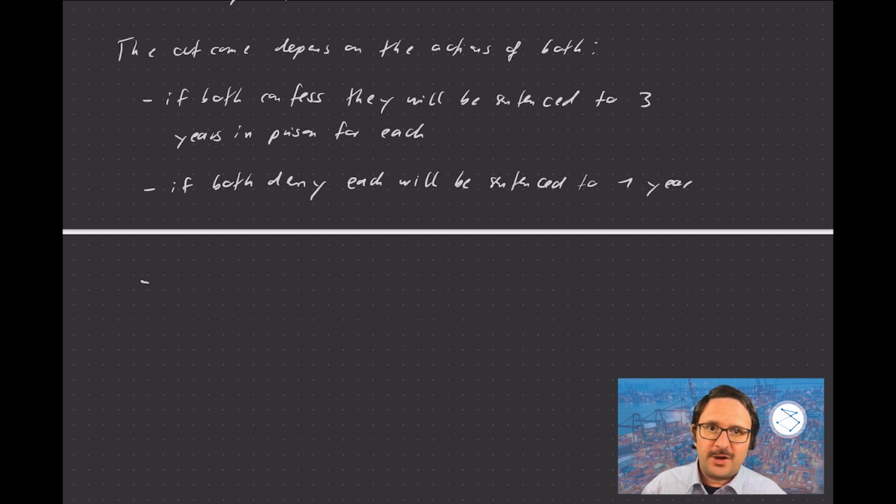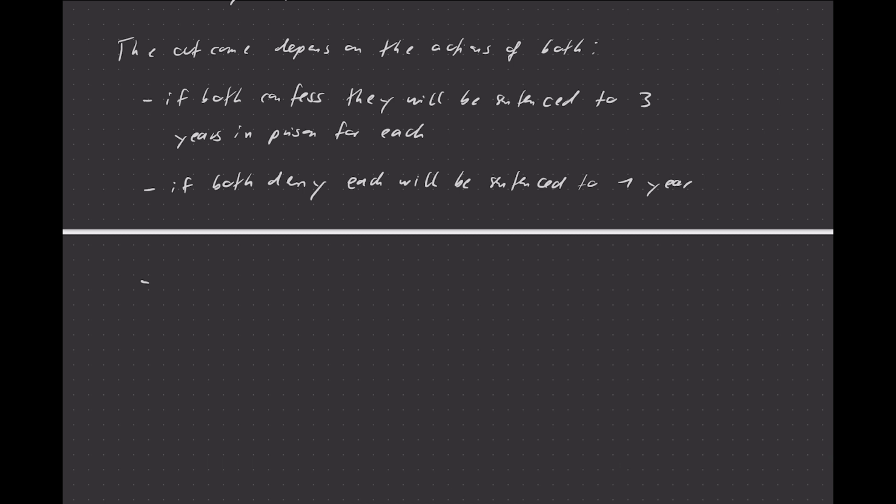And for that role as a witness, the one who confesses will walk. So he won't have to serve any more time in prison. While the one who denied his involvement in the crime will be heavily punished with a maximum possible sentence, and that is 7 years.